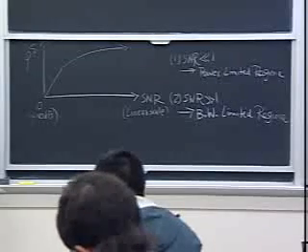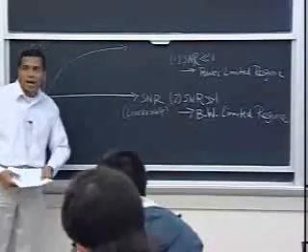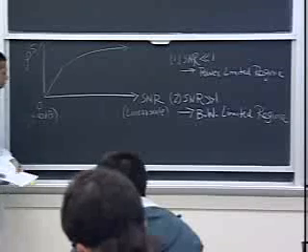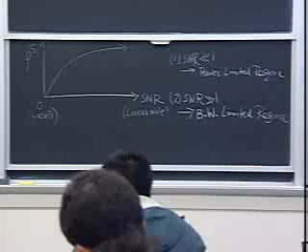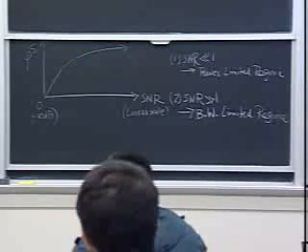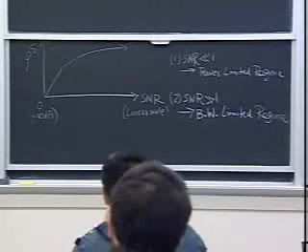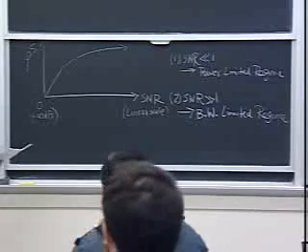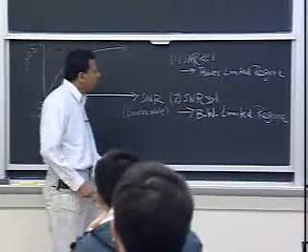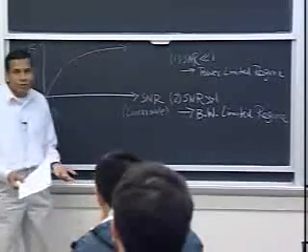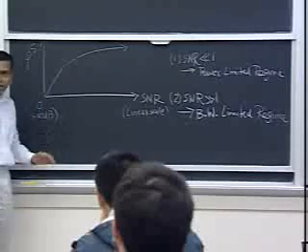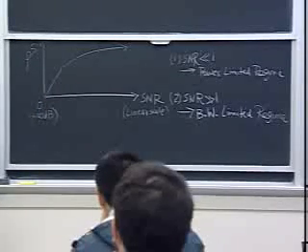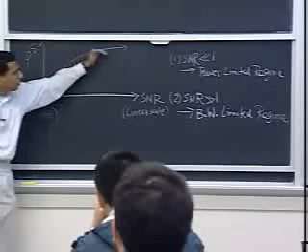Suppose I have a 3 dB increase in my SNR and I am in the power limited regime. How does rho Shannon increase? A factor of 2, right? Basically, if I have a 3 dB increase in SNR, my SNR increases by a factor of 2. In this regime, rho Shannon increases linearly with SNR, so I have a factor of 2 increase in my spectral efficiency. What about this regime here?